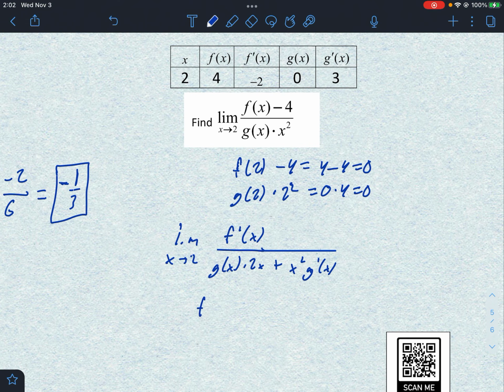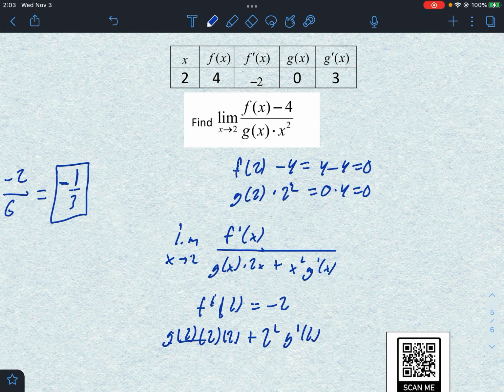F prime of 2 is negative 2. And then g of 2 times 2 times 2 plus 2 squared times g prime of 2.